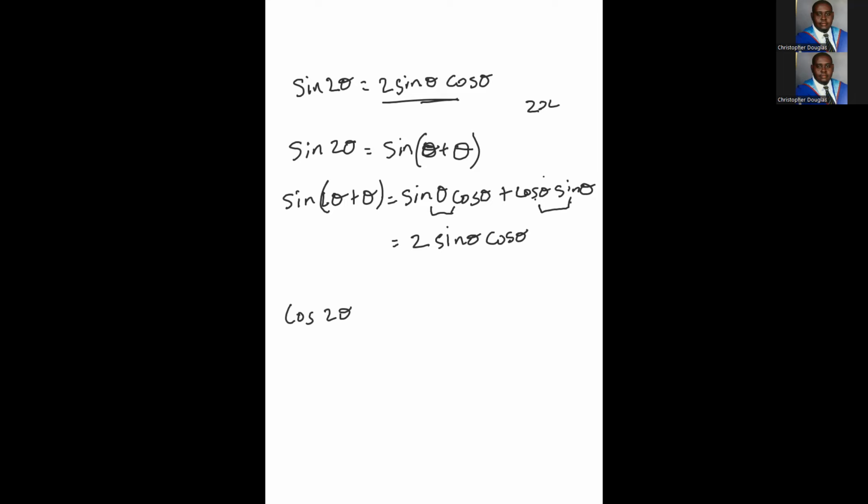Cos 2 theta actually has 3 identities that you need to know. All right, cos 2 theta can be represented as cos squared theta minus sine squared theta.